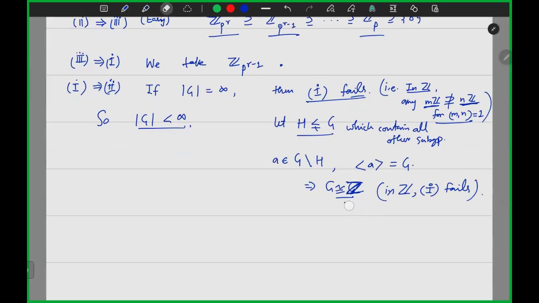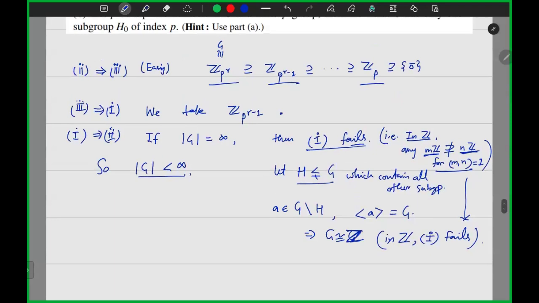So when G is isomorphic to Z, one fails from here. Okay, so the order of G should be finite.